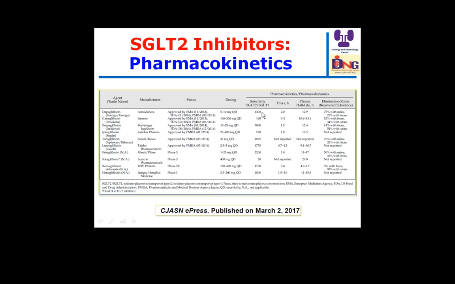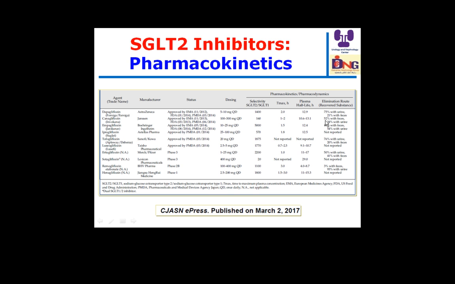So you can find the variability between different drugs regarding this selectivity. And the half-life. Half-life is important because I'll use it in one of the cases later in this presentation. If you look here, for dapagliflozin it is approximately 13 hours. Here 12 hours. So for these three drugs it is almost 12 hours.